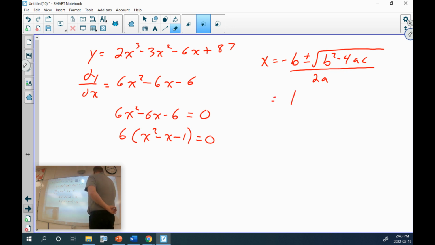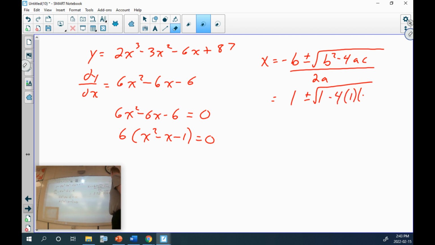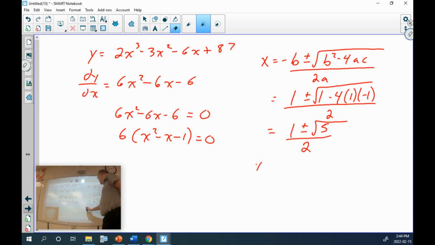In this case, we have 1 plus or minus the square root of 1 minus 4 times 1 times minus 1, thankfully, over 2. So the x coordinates are (1 plus square root 5)/2 and (1 minus square root 5)/2.